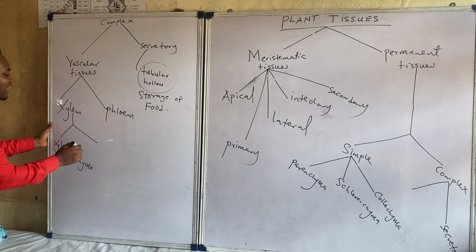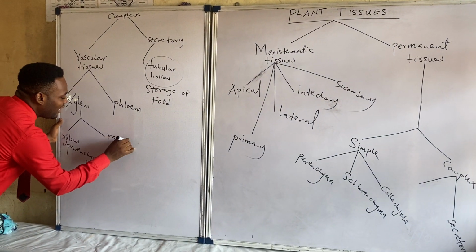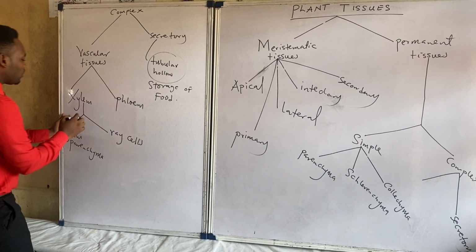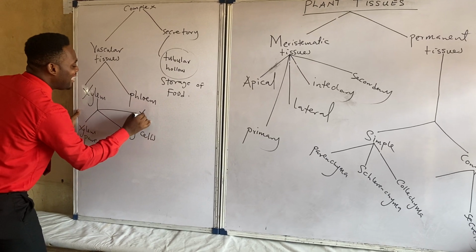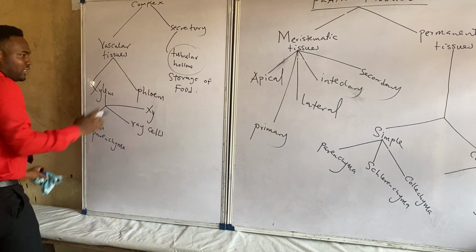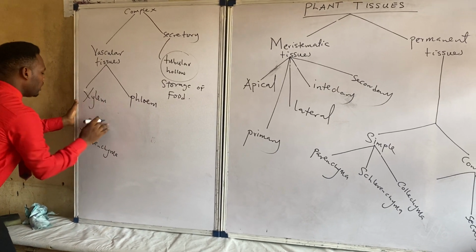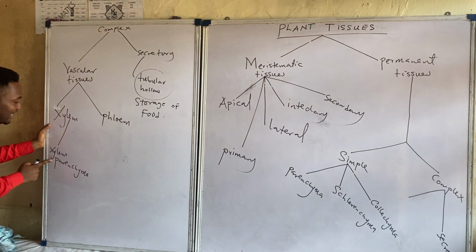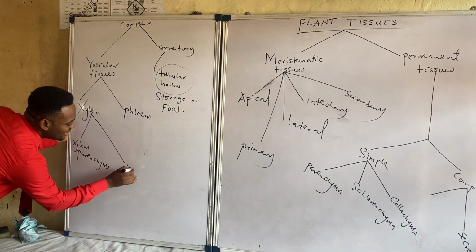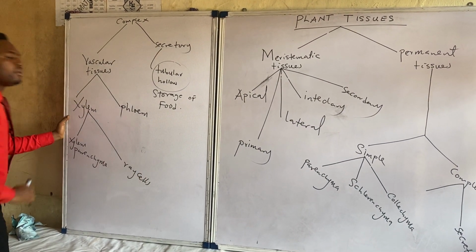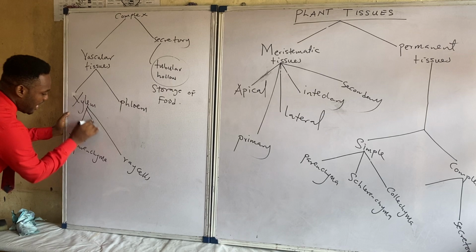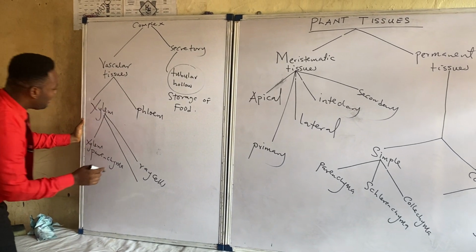We have the ray cells, and we also have the what? The xylem vessels. I don't want you to join this plan. Let me bring it this way. So the xylem is made up of xylem parenchyma, the ray cells, then we also have the what?